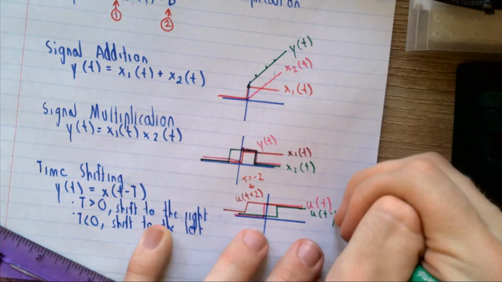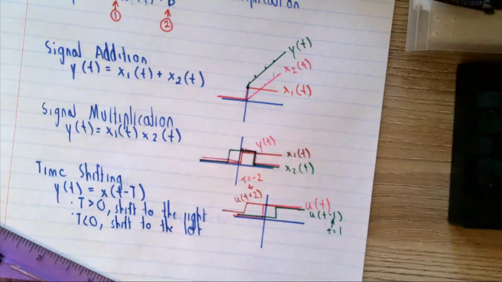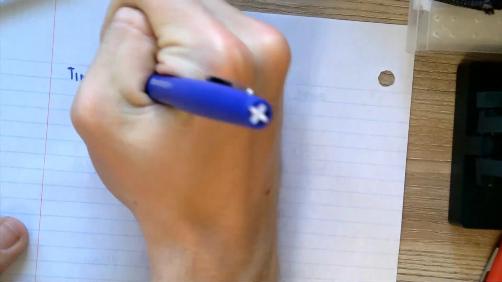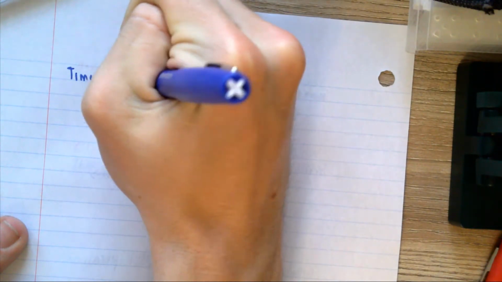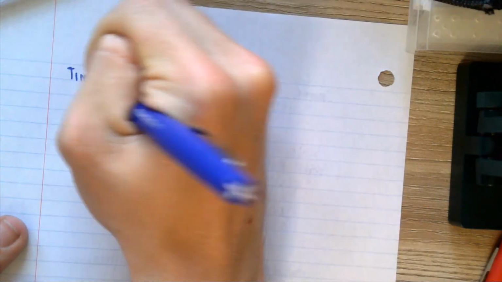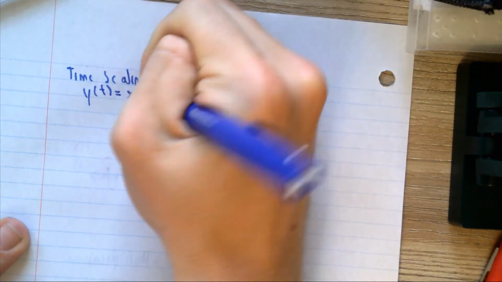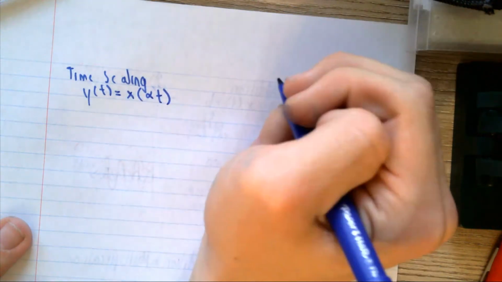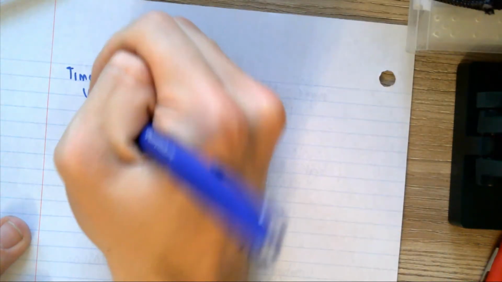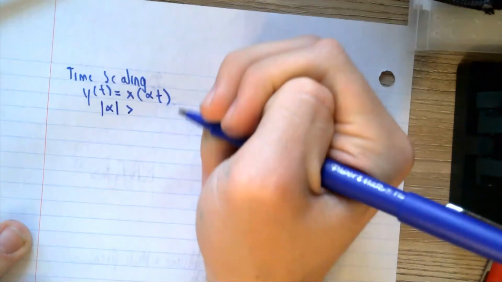Okay. Now that we covered that, we're going to go over time scaling. Time scaling is basically, are we going to compress the signal or are we going to expand it? So this is when y of t is equal to x of alpha t. When the absolute value of alpha is greater than 1, the signal is compressed.